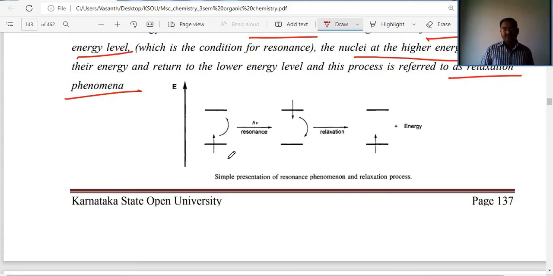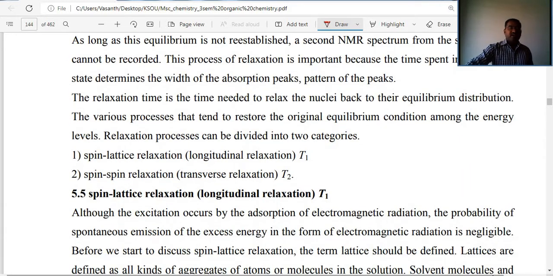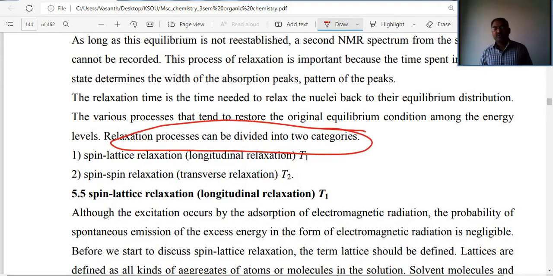If you see here, this shows the electron gaining energy in resonance. This is the block diagram of the relaxation process. Relaxation can be divided into two categories.